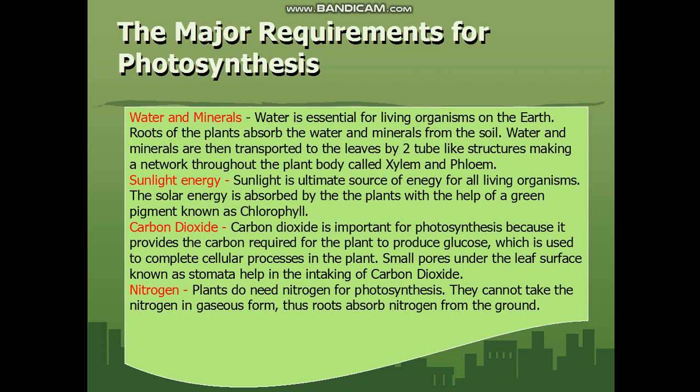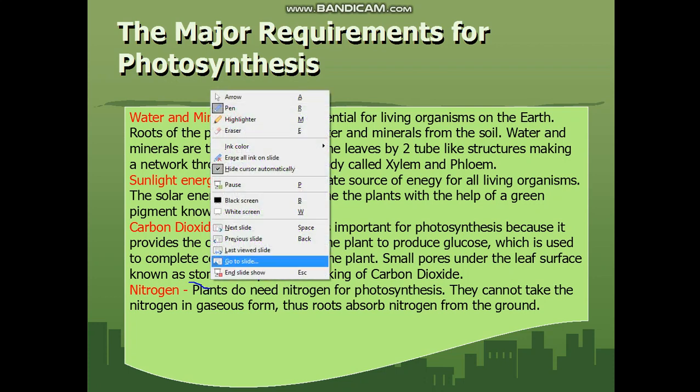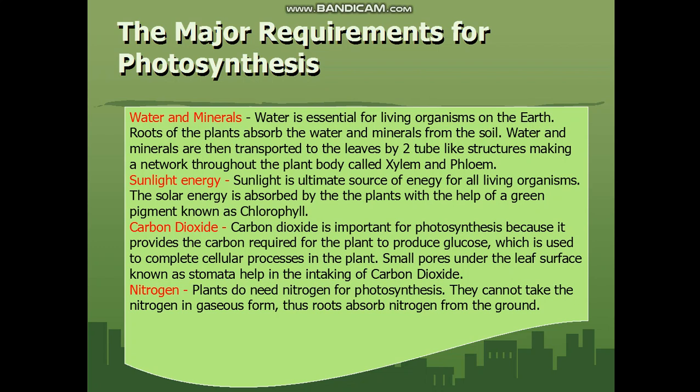Sunlight energy. Now, why is sunlight energy necessary for photosynthesis? Under the leaf surface, there are small pores which are known as stomata. But the green pigment, which we all know, is known as chlorophyll.